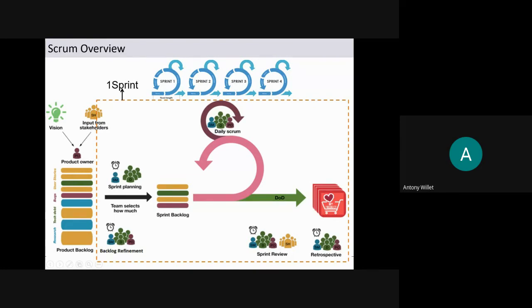He takes input from all the stakeholders within or outside the organization, and he is the owner of the product backlog. He creates it in discussion with the architects, subject matter experts, and the members of the development team. So the product backlog is ready, and the product owner is its owner.